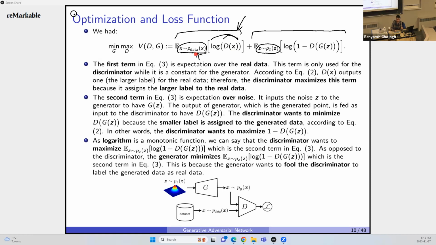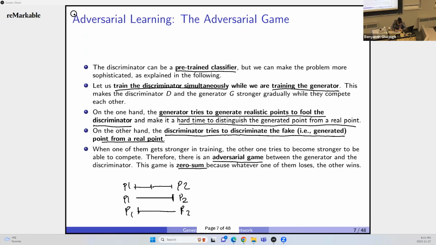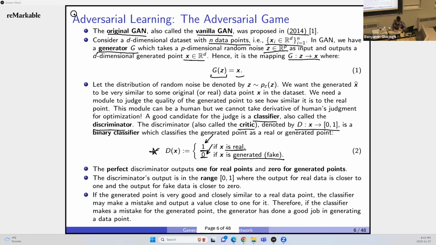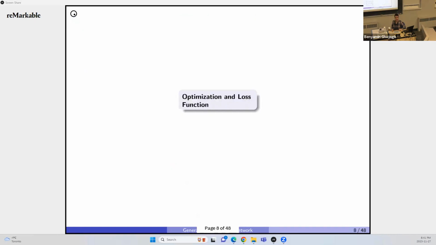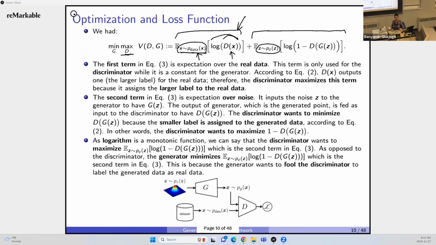For real data, my D wants to maximize D of x. Obviously, because of this. For real data, it should output 1. Its maximum is 1, right? So term 1 for the discriminator makes sense, right?